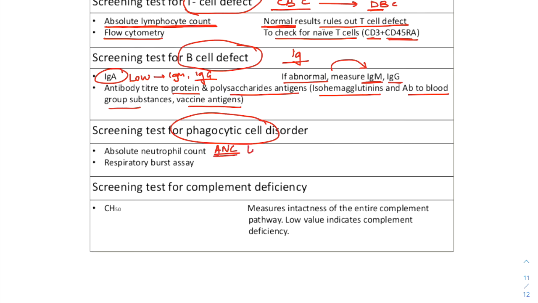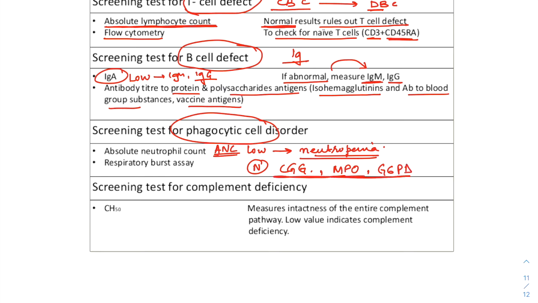Now, for the phagocytic cell disorders, we check the ANC, that is the absolute neutrophil count. If the absolute neutrophil count is low, then we can categorize it as neutropenia. Usually the absolute neutrophil count is normal in chronic granulomatous disease, it can be low in myeloperoxidase deficiency, or it can be normal in G6PD deficiency, right?